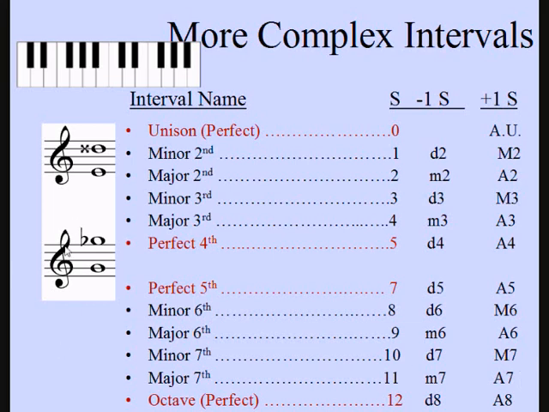Now we have this one here. It's a G that we assume is a natural G, and a G flat. Then we know it's an octave, but just in case we're going to count it: 1, 2, 3, 4, 5, 6, 7, 8 is an octave. We know that it's not a perfect octave, because this one has a minus 1 semitone here.